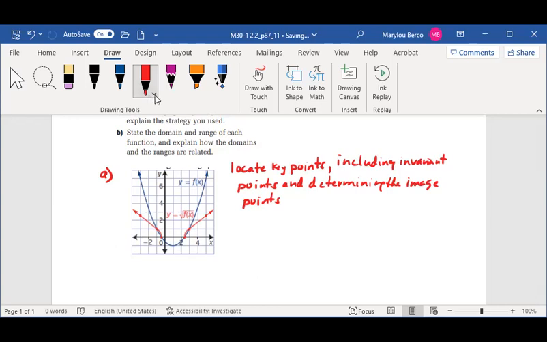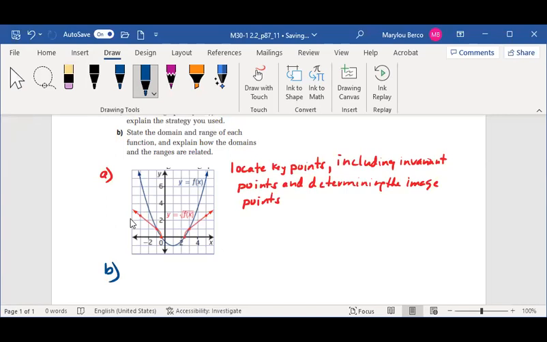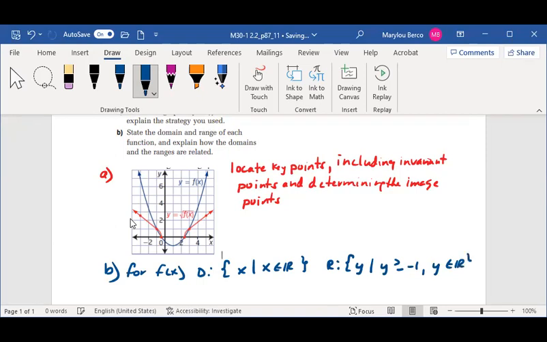Okay, so for B, for f of x, the domain is x such that x is an element of all real numbers, and the range is y such that y is greater than or equal to -1, y is an element of all real numbers.